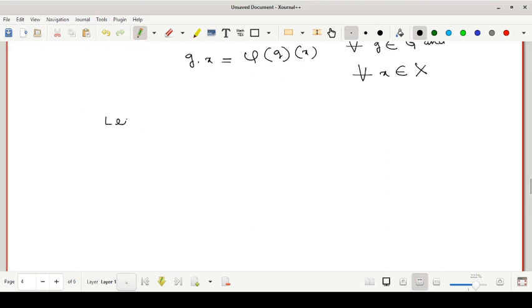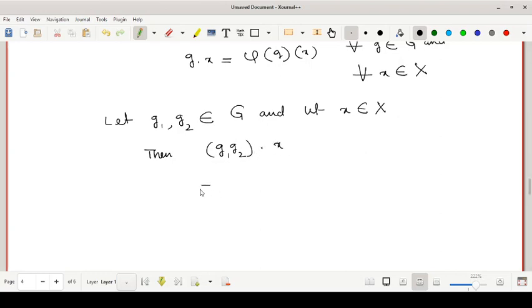So let g1, g2 belong to G and let x belong to X. Then g1 g2 dot x, by definition this is phi of g1 g2 of x.